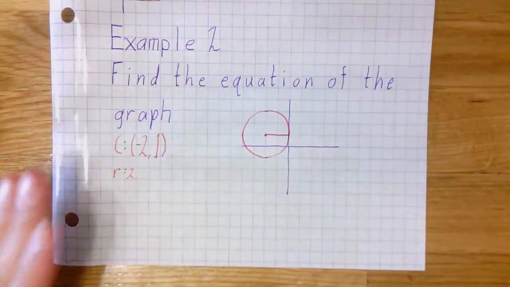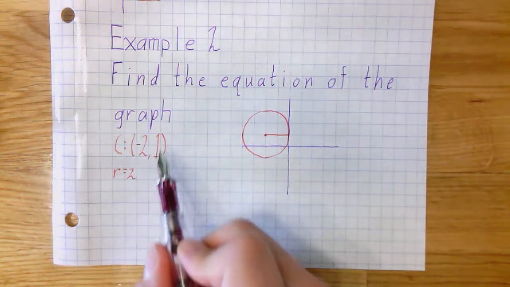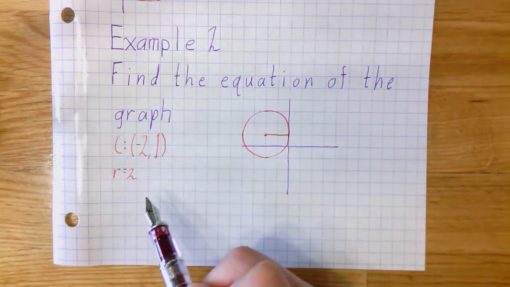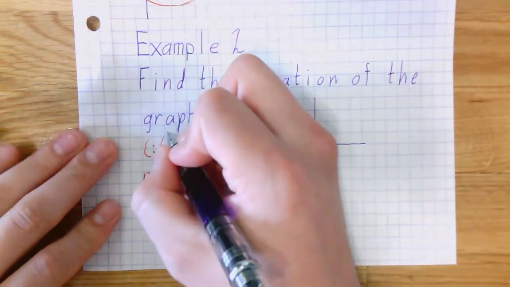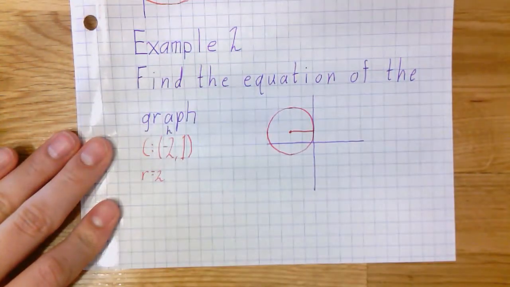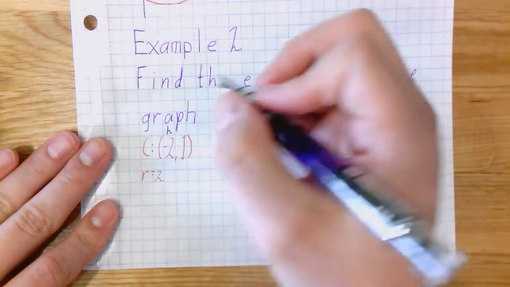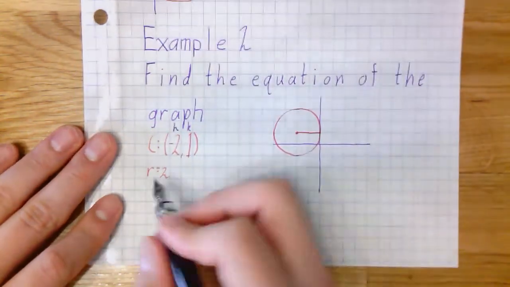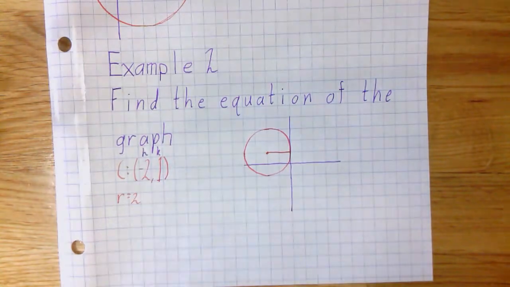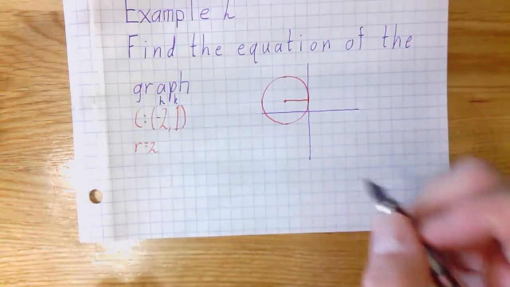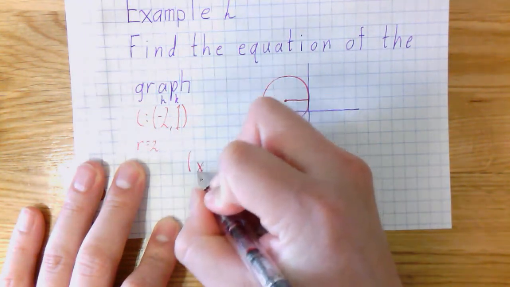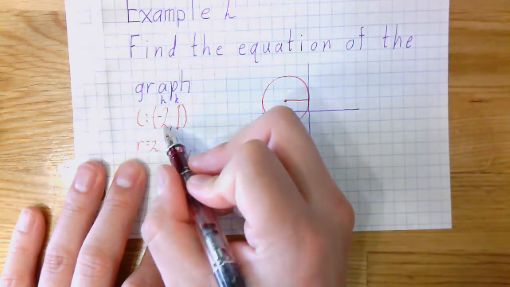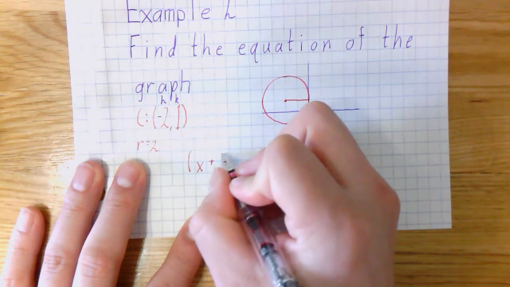Okay. All right. Now we're going to plug these 3 numbers into our equation. This number for our center is the H, our horizontal shift. And this number is the vertical shift of the center, so that's our K. And then there's our radius. So we're going to have x minus H, so minus -2 would be +2.